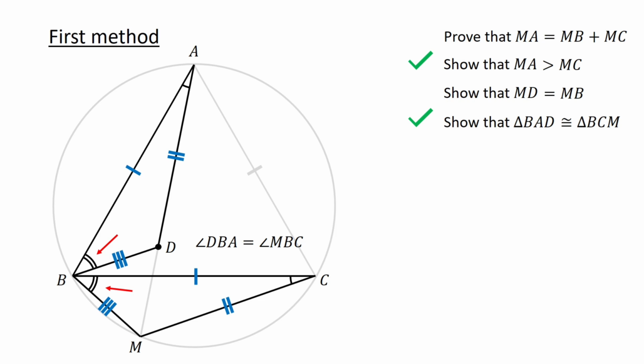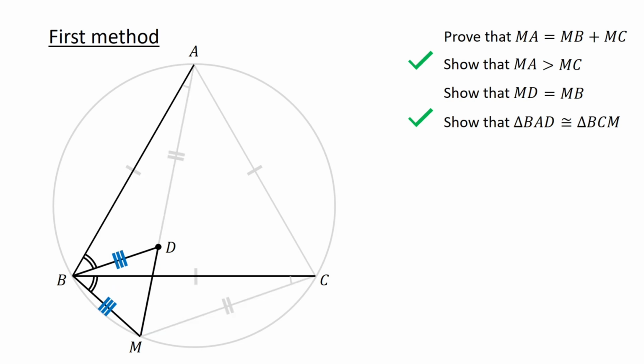Following this, let's focus on the part of the diagram consisting of triangle BDM and the line segments BA and BC. Since MB equals DB, triangle BDM is an isosceles triangle. Next, let's calculate angle MBD, which is the vertex angle of triangle BDM.